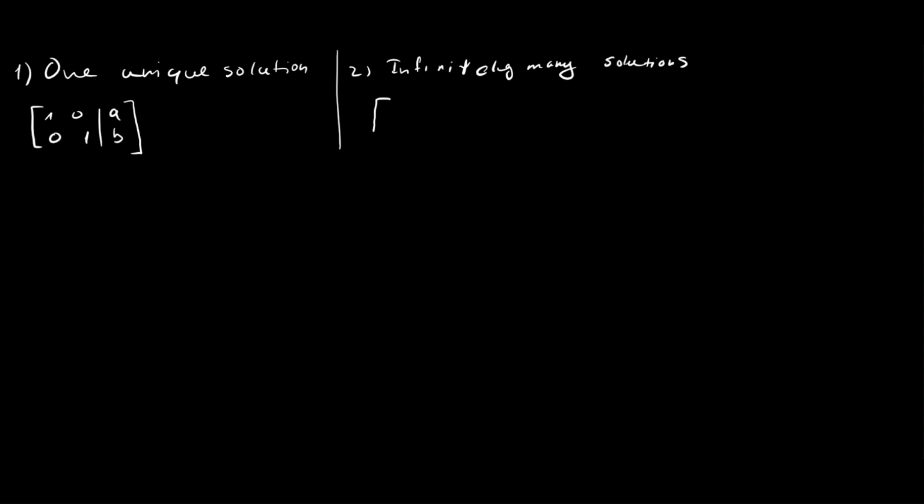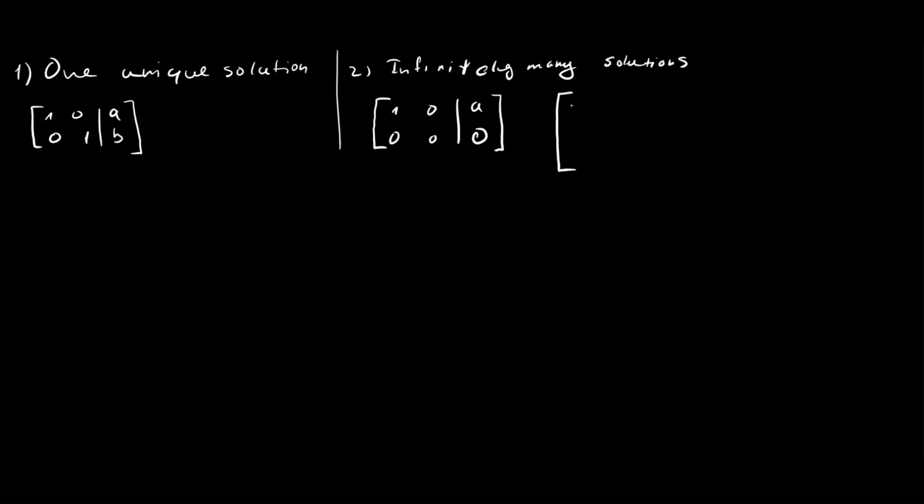Okay, so let's take a look at this matrix. This is an all zero row, and in this case we would have infinitely many solutions.